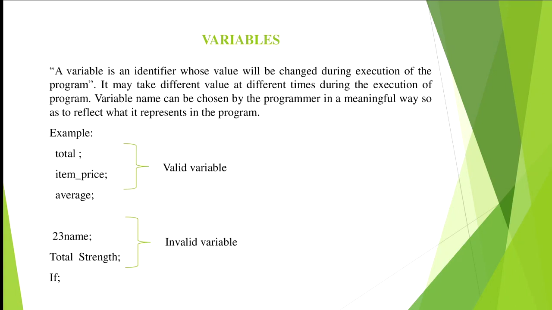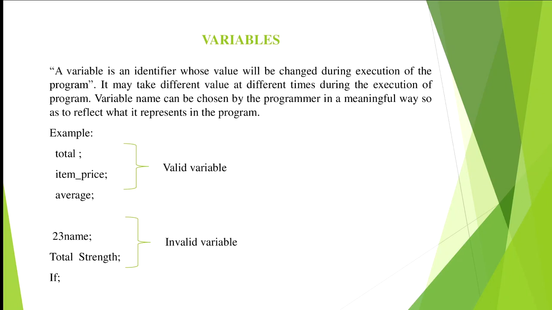Here I take some examples, some valid variables and invalid variables. In the first block, see total, item price, average. These are valid variables because these variables reflect their meaning. Total means the total of something.